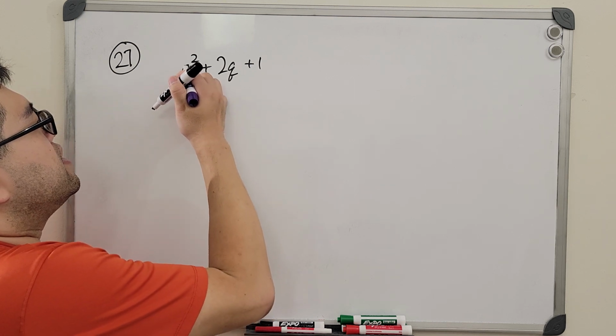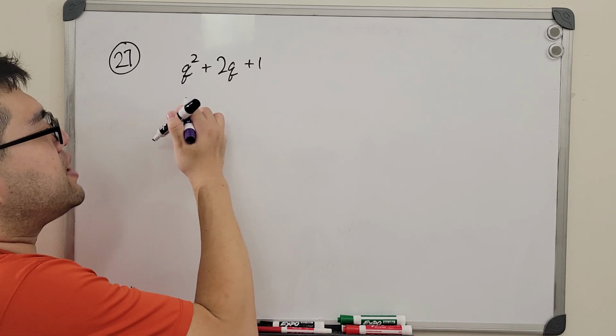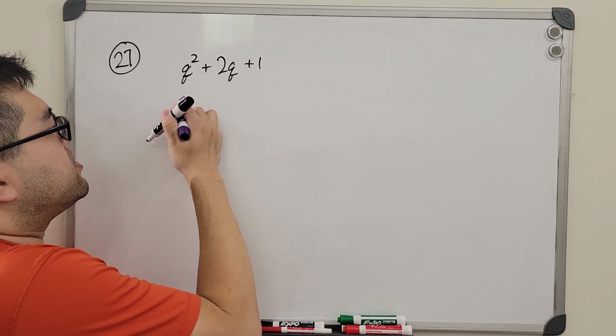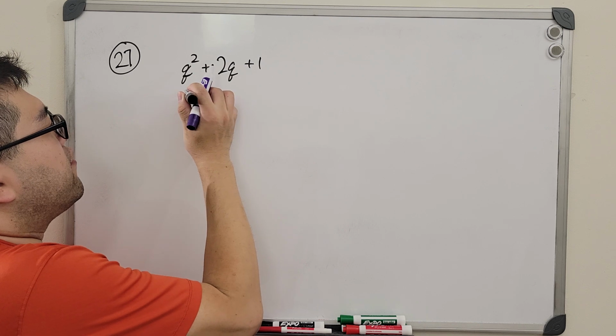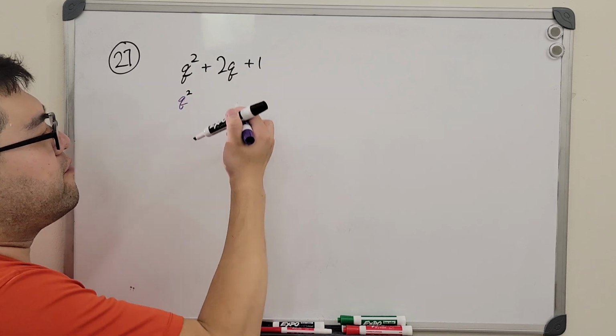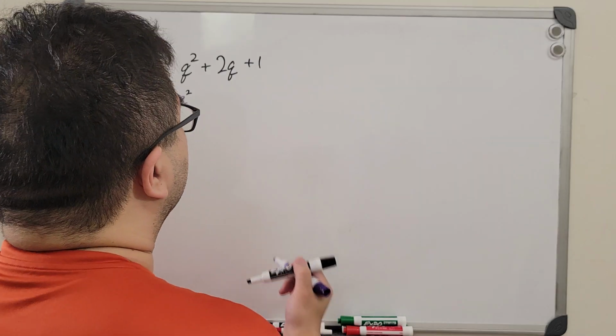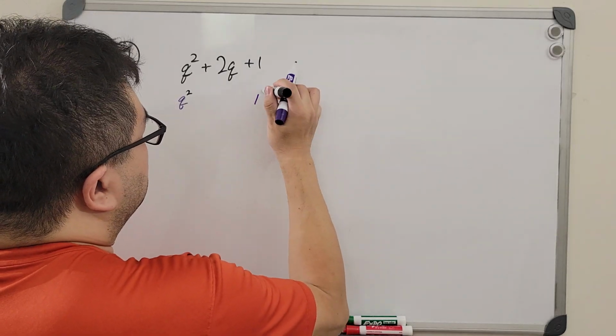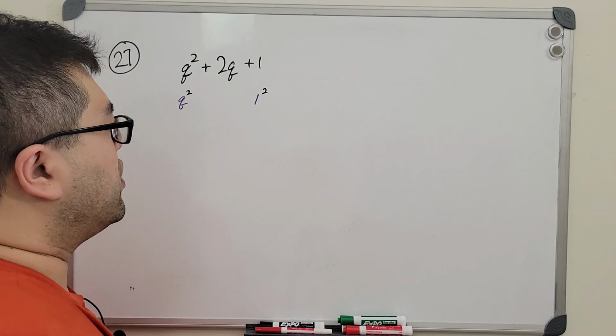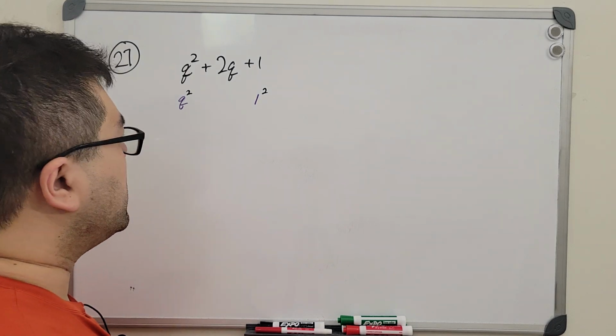So let's see. If we say that the first term is a squared, then our a is simply q, and of course squared. And then for the last term, if we say it is b squared, our b is just 1 and then squared. And again, that's because 1 to the second power is just equal to 1.